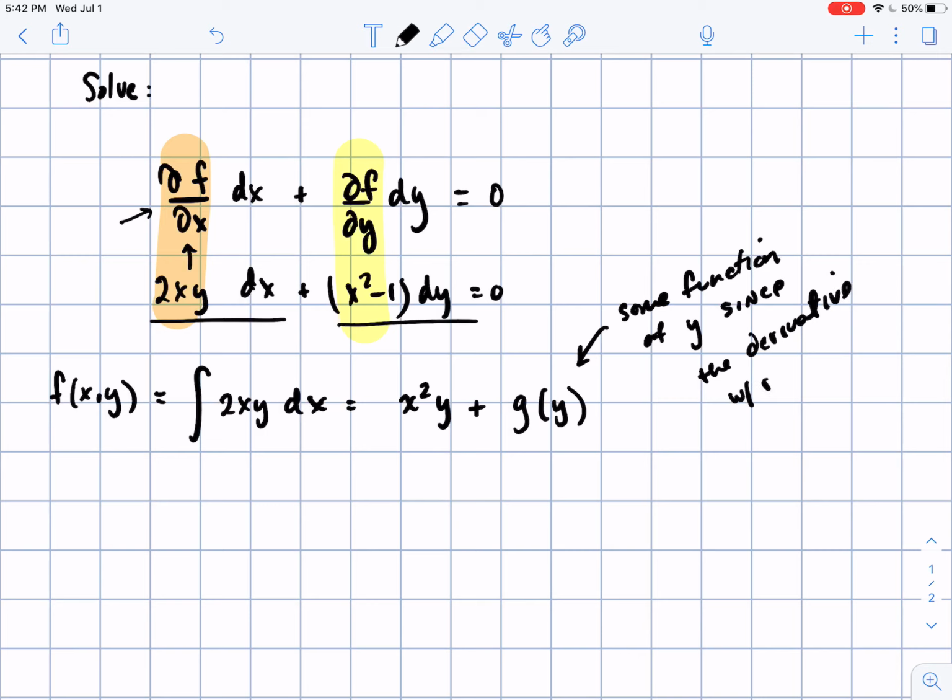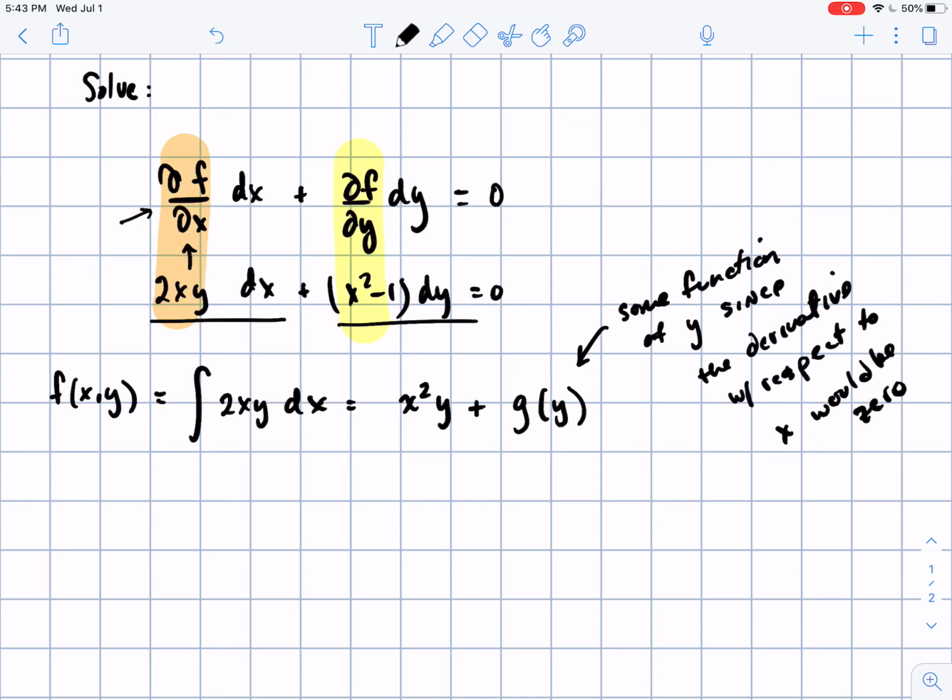With respect to x equals 0, right? Okay, so now this could also still be a constant because it doesn't matter. It could either be a constant or a function of y, which really, even if it's a constant, it's still a function of y in a sense, okay?